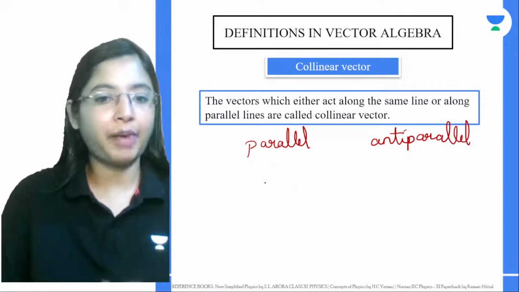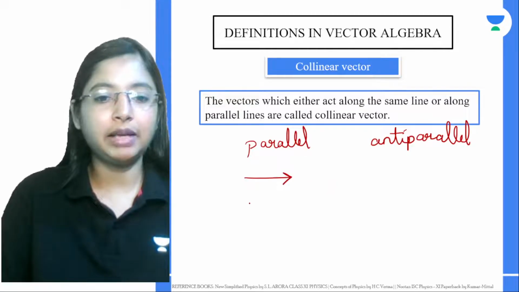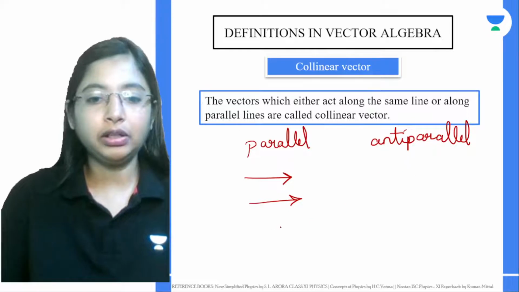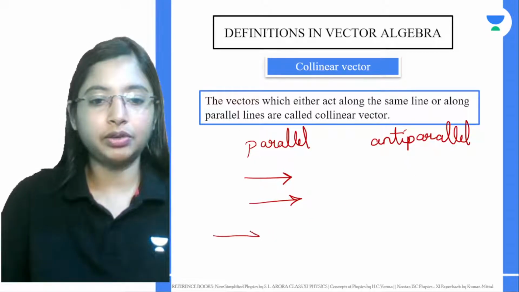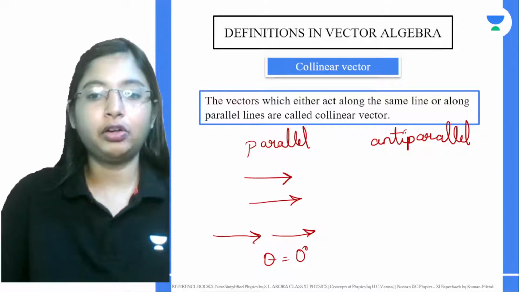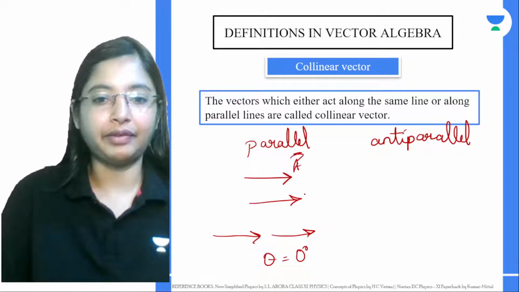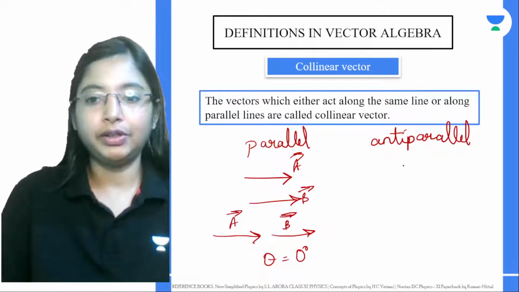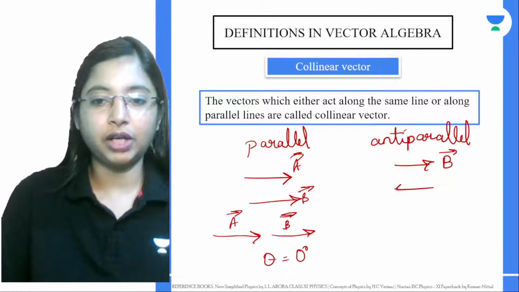When you're talking about parallel vectors, the vectors might be going in the same direction. So theta over here is 0 degrees. When you're talking about anti-parallel vectors, say this is the A vector and this is the B vector. If the B vector is in this direction, the A vector will be in the opposite direction.